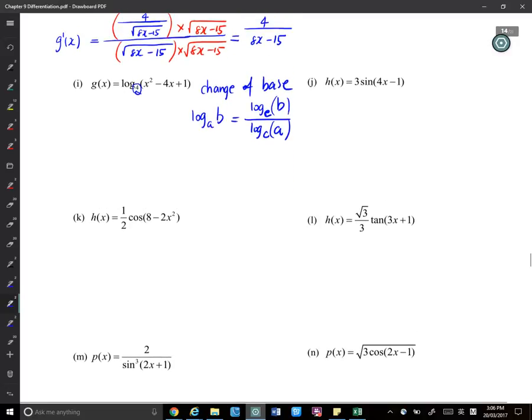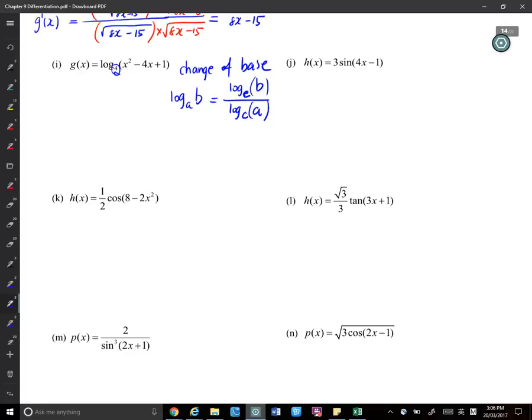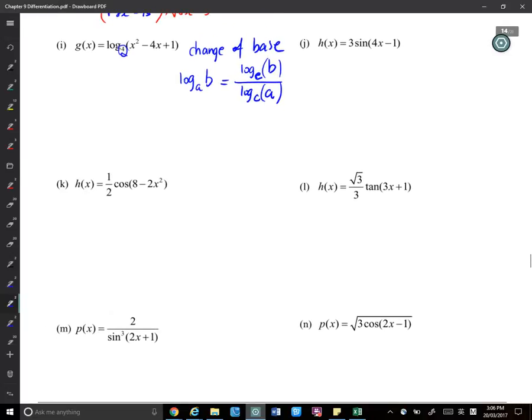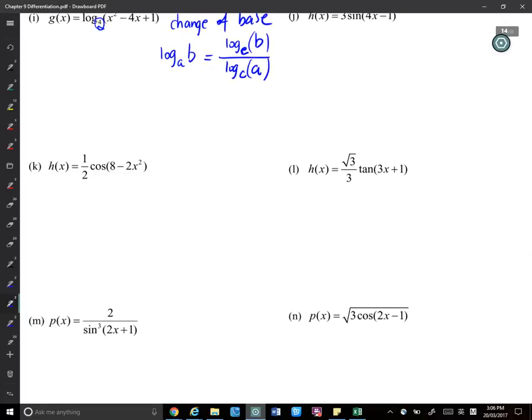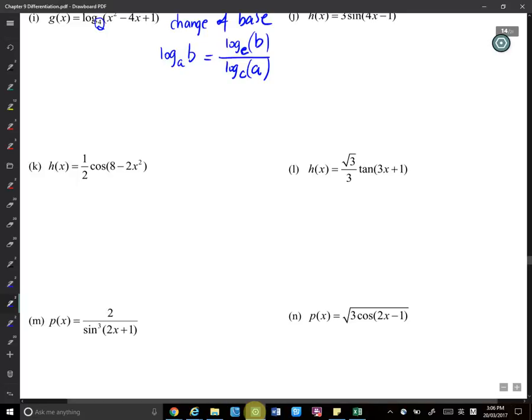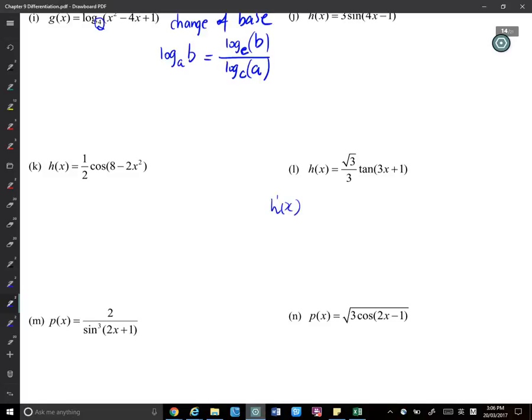I'll go through the last one, J, K, L. I'll go through L with you. For L, h(x) equals root 3 times tangent of 3x plus 1. It's pretty easy to do this one. What will tangent become after you derive it? Secant squared.